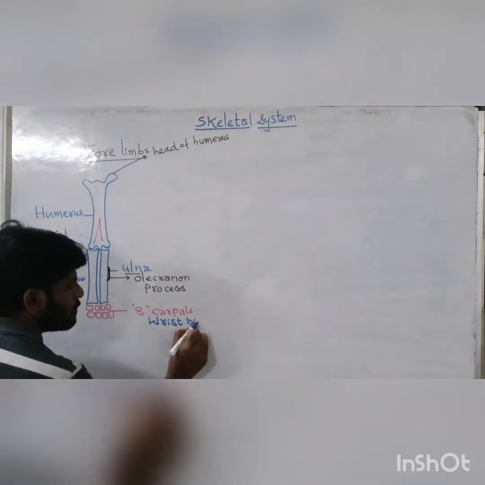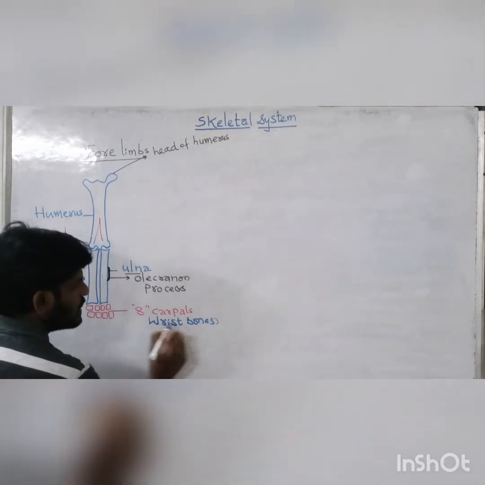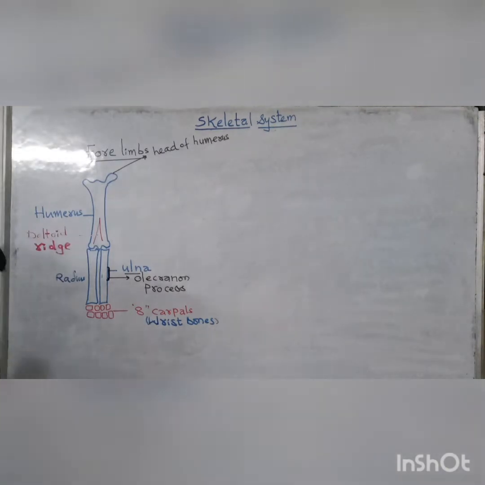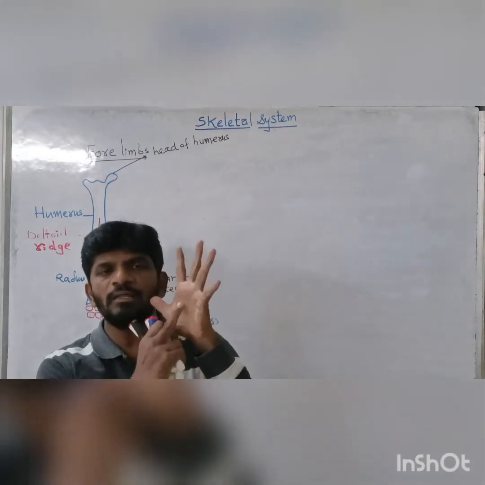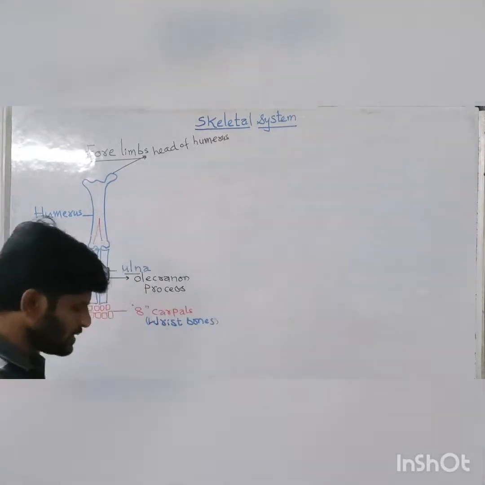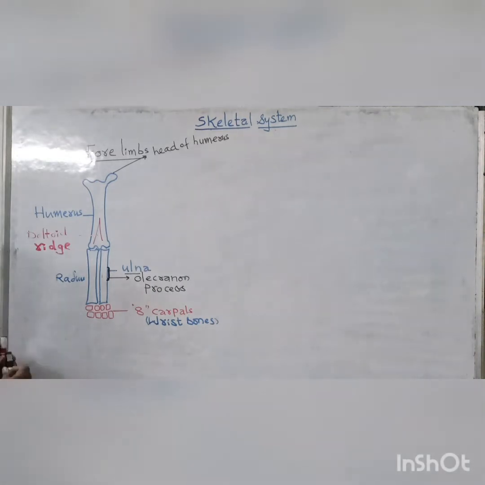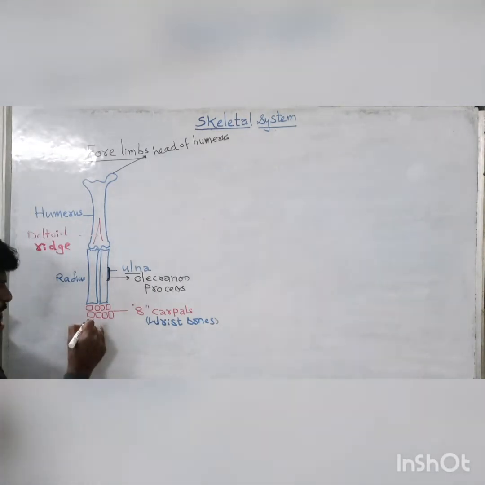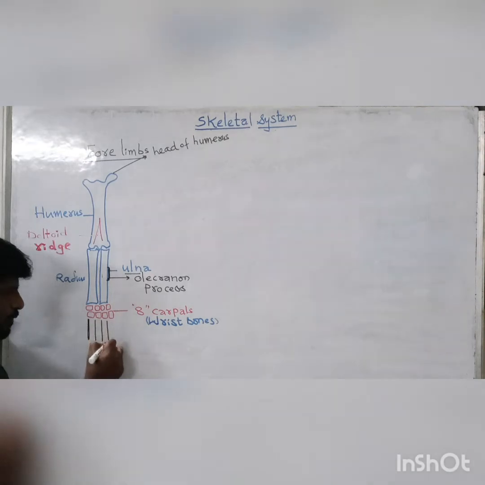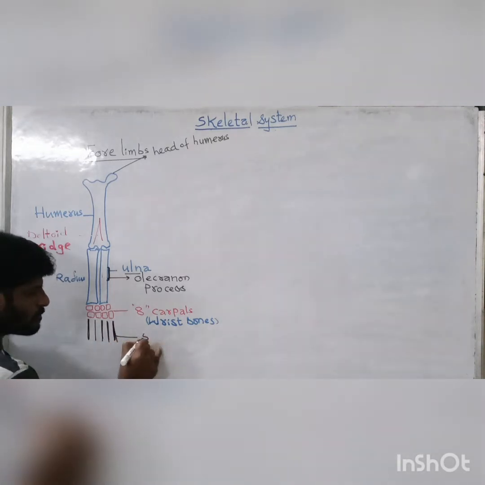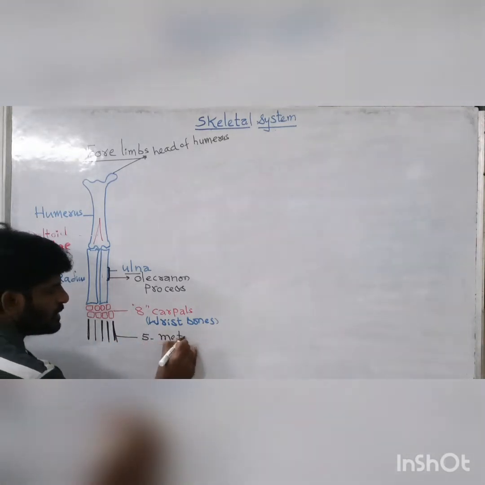In the palm, there are 5 metacarpals. Metacarpal 1, 2, 3, 4, 5. We have 5 metacarpals.